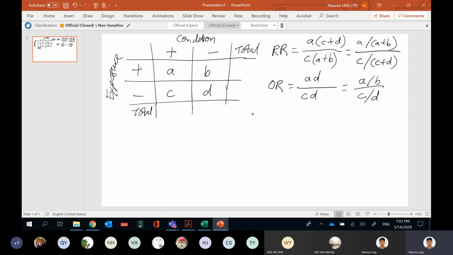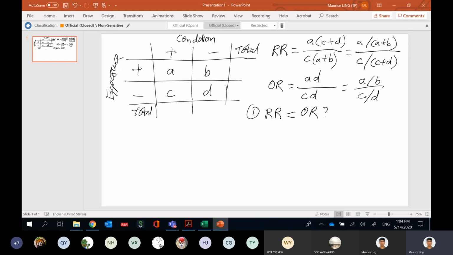The question number 1 is, can relative risk be equal to odds ratio? Let's find somebody. Trevor? I don't think so. You don't think so, right?